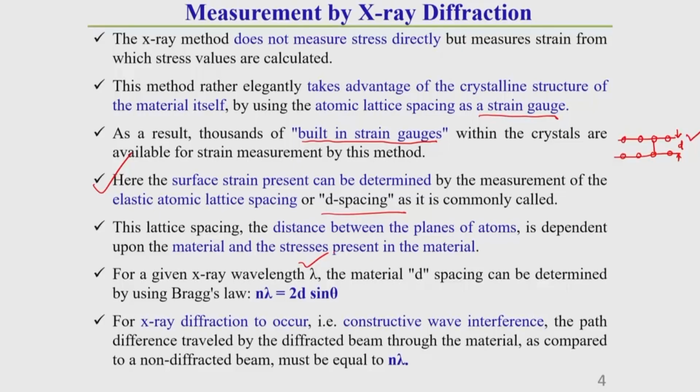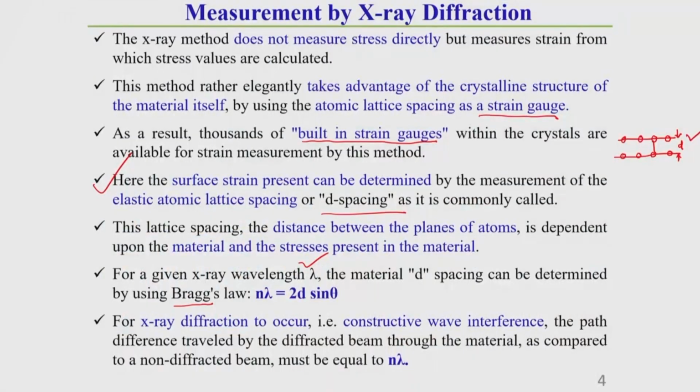So, for a given X-ray wavelength, once we pass X-rays through this lattice, say the X-ray has a wavelength lambda, then there is a relationship between this X-ray wavelength lambda and the D spacing. This was developed by a scientist whose name is Bragg, so this is called Bragg's law.